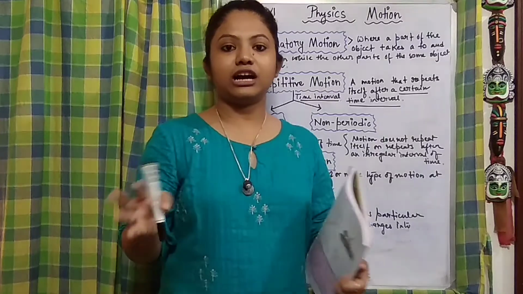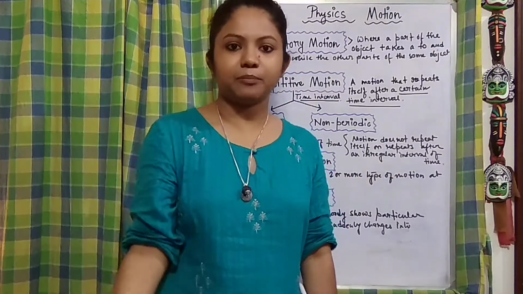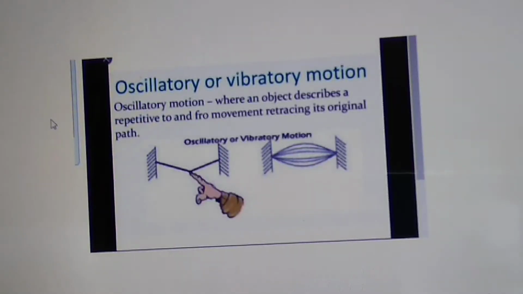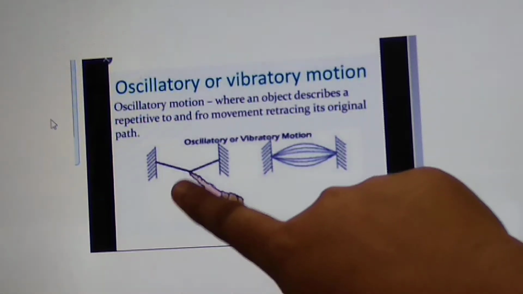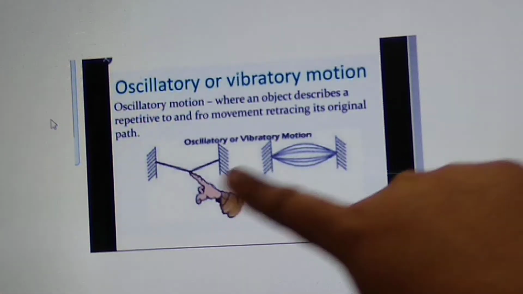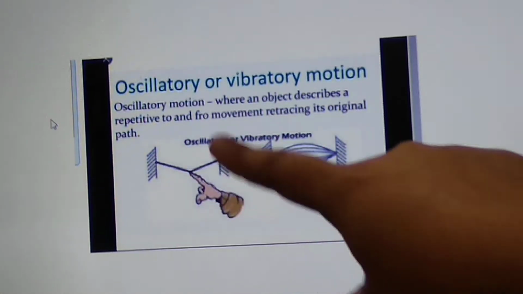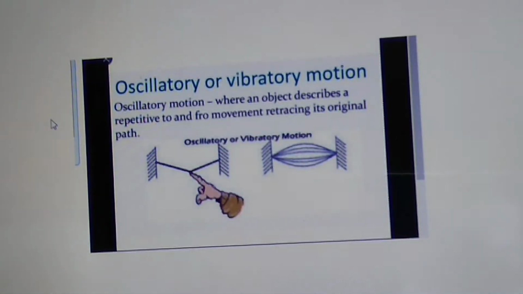Now let's take a look at some examples and pictures. Now you can see this is a picture of oscillatory or vibratory motion, in which this is a picture of a string which has been stretched and extended, and a part of it has been stretched to give it a motion.